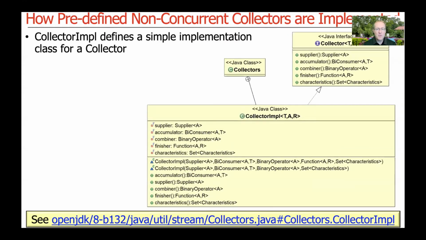Inside of the Collectors utility class, there's a nested class called CollectorImpl. You can see that CollectorImpl implements the Collector interface, and it provides essentially a factory for making collectors.